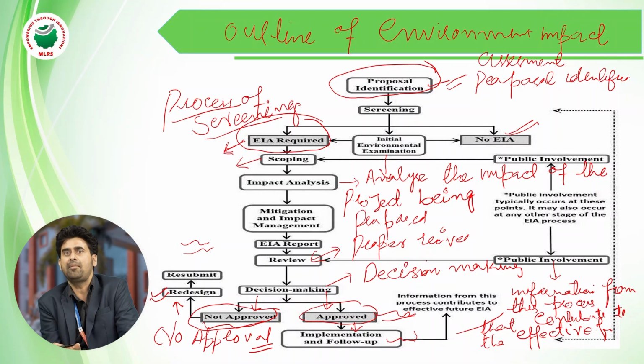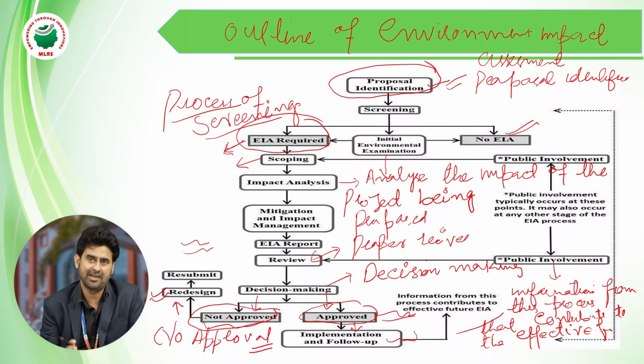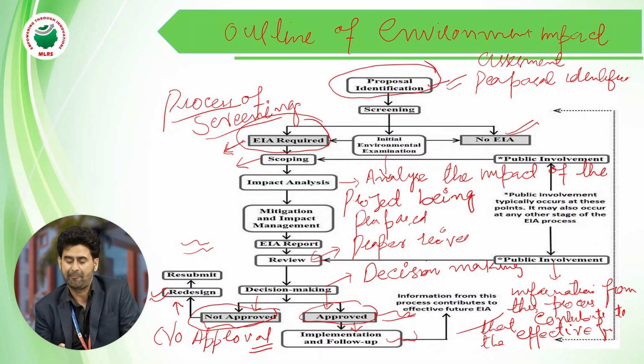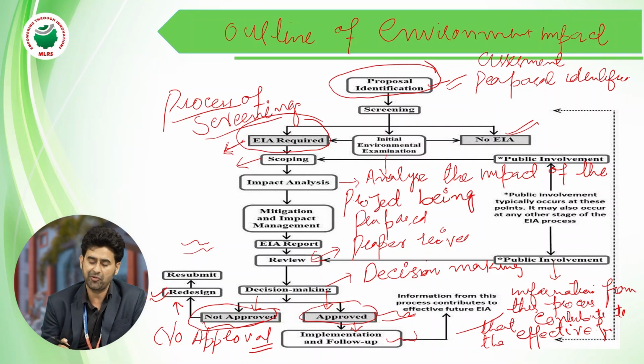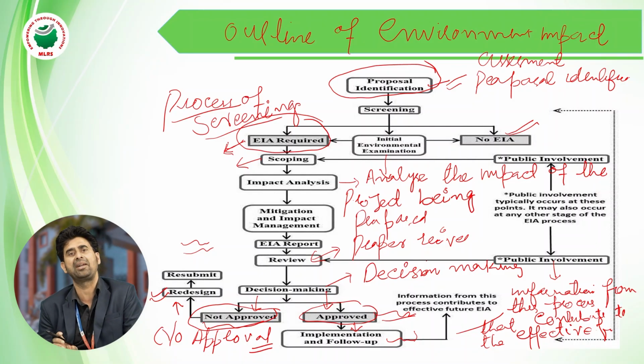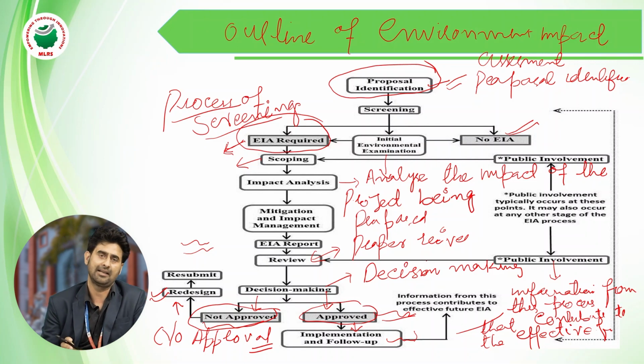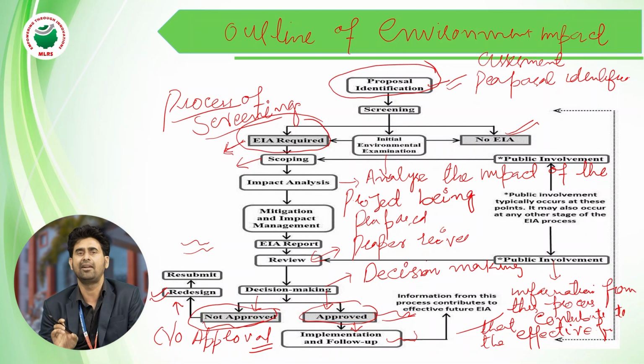If again it is not improved, then we have to revise it, redesign it and resubmit it. If it becomes positive in its contribution to the effective implementation of the environmental impact assessment, then the project is finally approved.